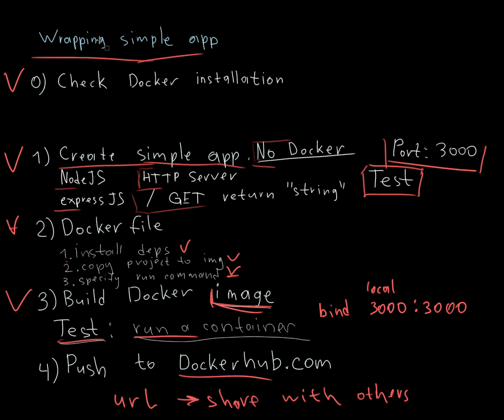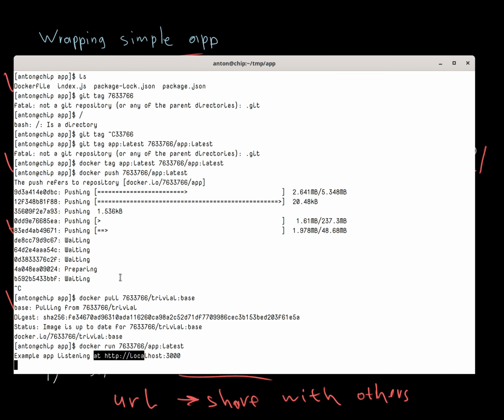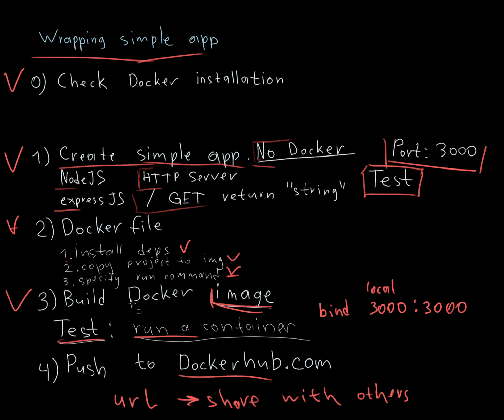Here's a video. We just wrapped a simple application inside Docker, and this is a basic scenario, and in 90% of cases it will look something like that. Everything you install is more or less the same. Install and configure. You might have more images running in parallel.